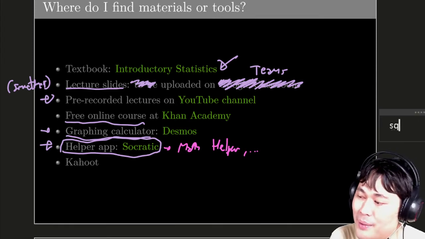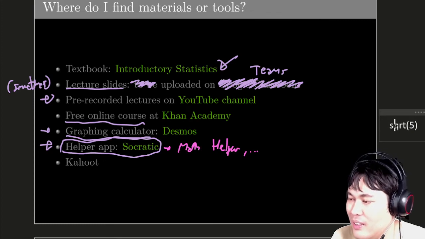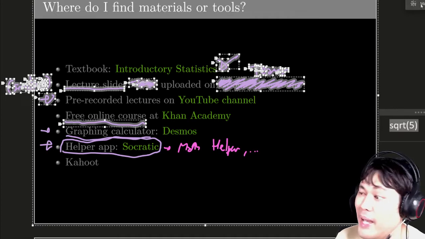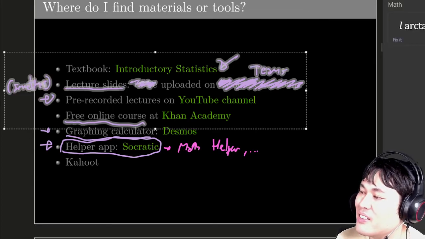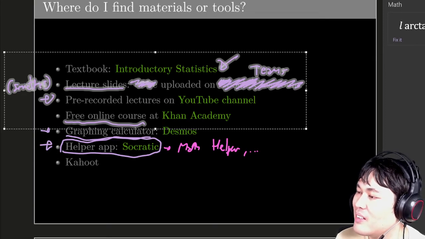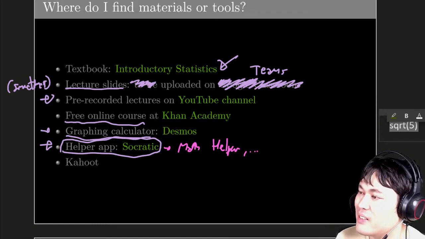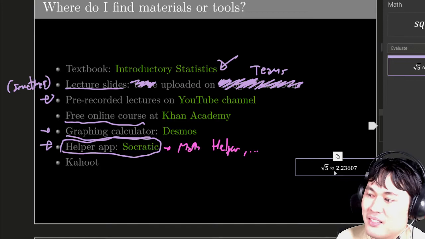For instance, if you type the square root of 5, and then you highlight it and click the math tab, the upper one. Oh yeah, I should only highlight that part. Do math. Evaluate. Yeah, there it is.